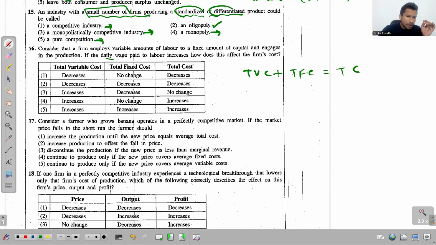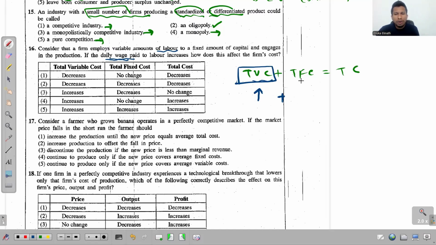So when the wage increases, what happens to the variable cost? Wage is paid to the laborers. So when the amount of laborers get increased, and if the wage increases, that will affect directly the variable cost. The laborers are variable inputs. So when wage increases, even the total variable cost will increase.